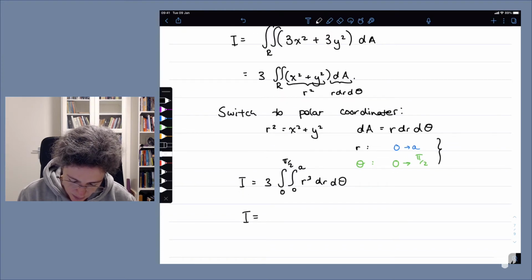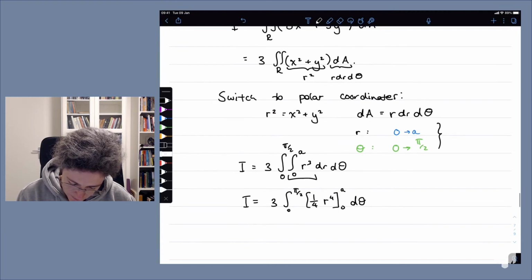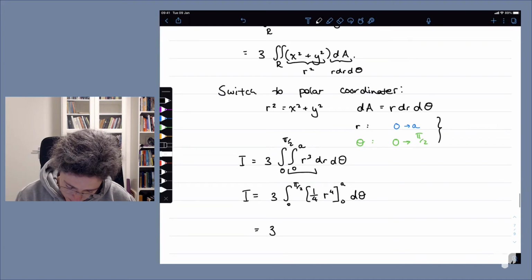So finally our integral is pi over 2. The integral over here is 1 over 4 r to the 4 from 0 to a. So here I've got 3/4 a to the 4 from 0.